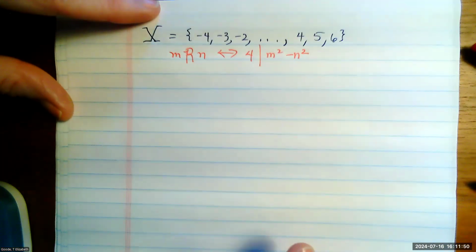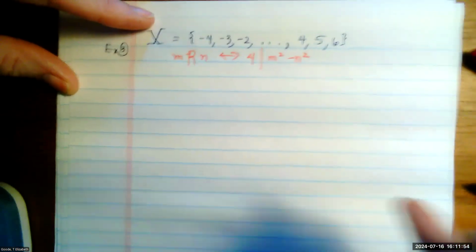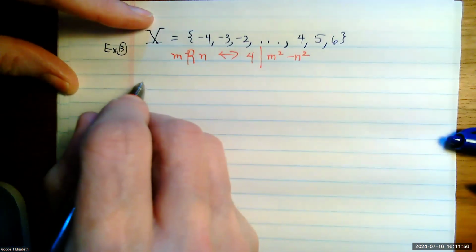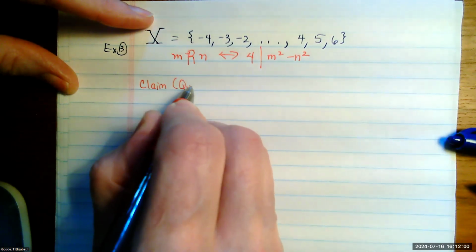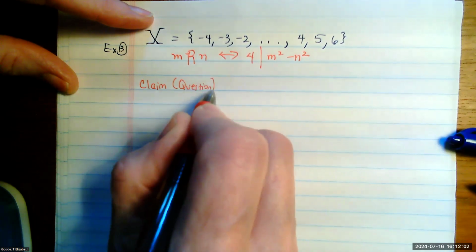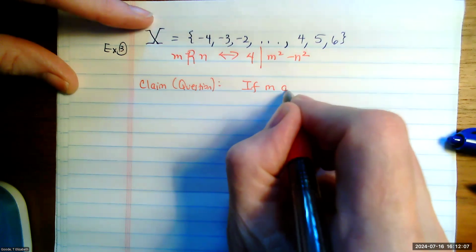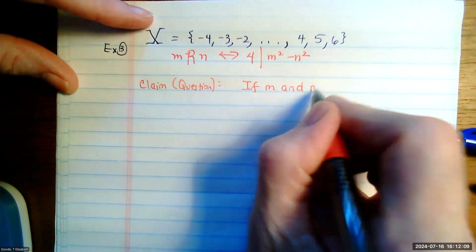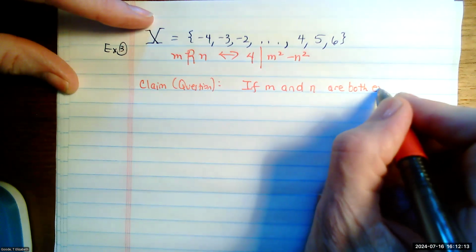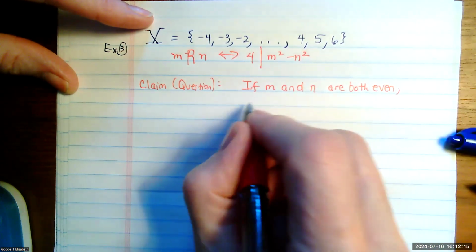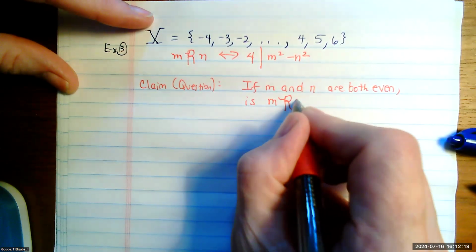So continuing with this example, here's our conjecture or our claim or question. If M and N are both even, is M going to be related to N?